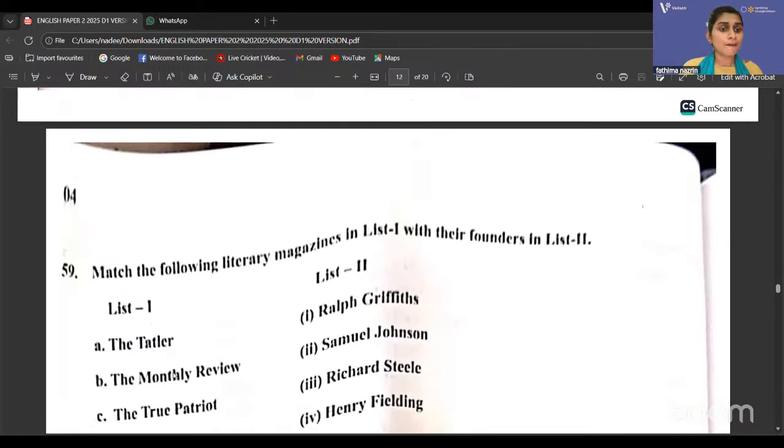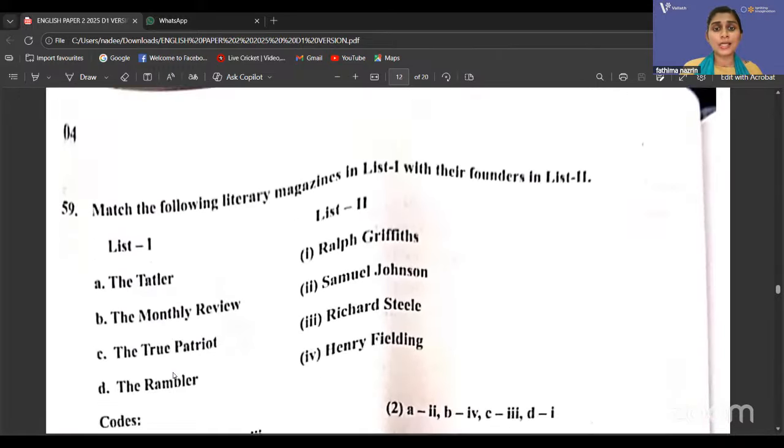Okay. Now, coming to match the following literary magazines in list 1 with their founders. Okay. So, the Tatler, as you know, is by Richard Steele. So, A3.